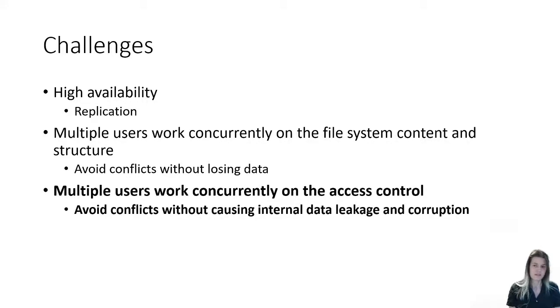On the other hand, incorrect merging of concurrent updates to the access control may lead to internal data leakage and corruption. We have identified that previous research on the topic focuses mainly on merging content and structure conflicts, but fails to provide a satisfying solution for merging conflicts on the metadata level, especially conflicts in regard to the access control.